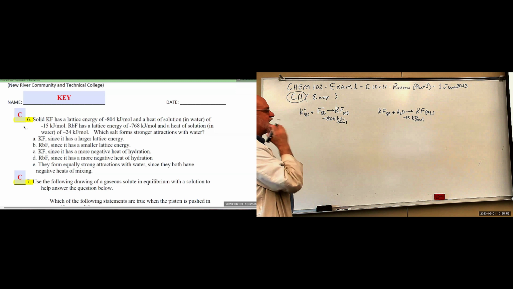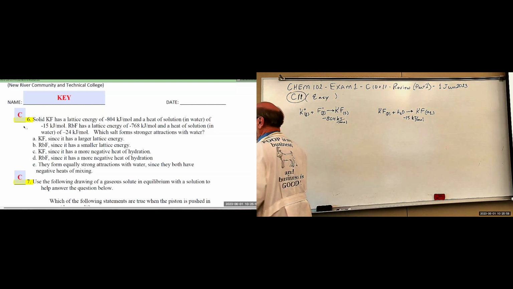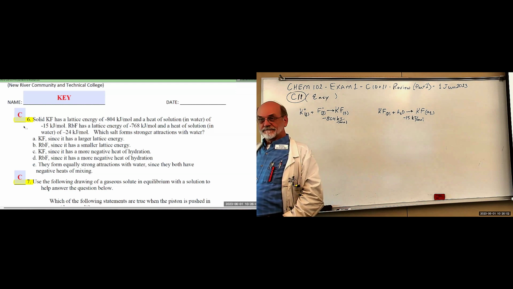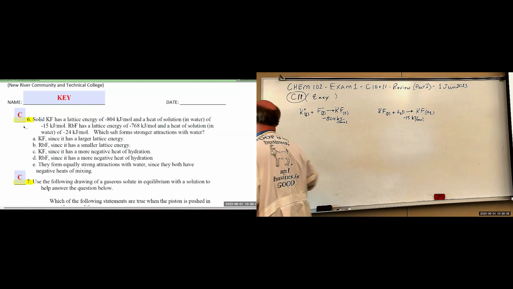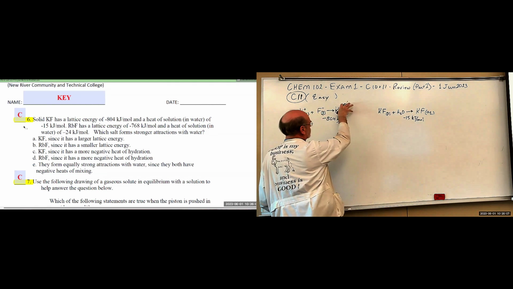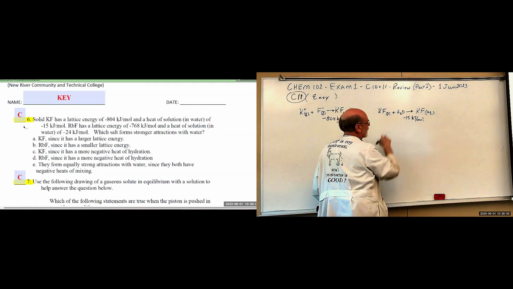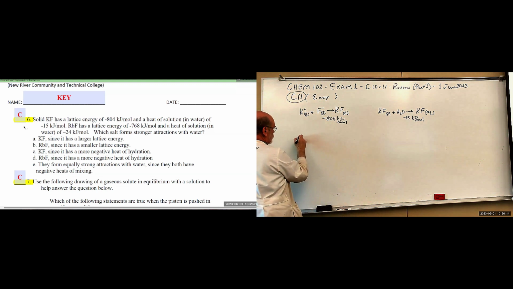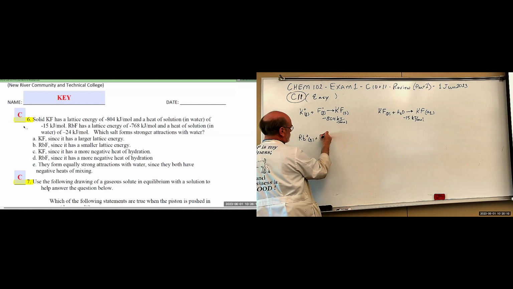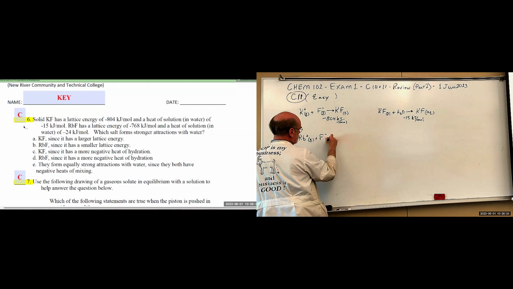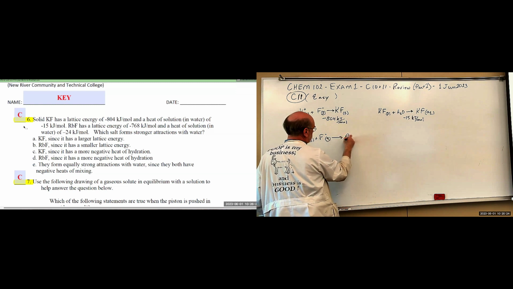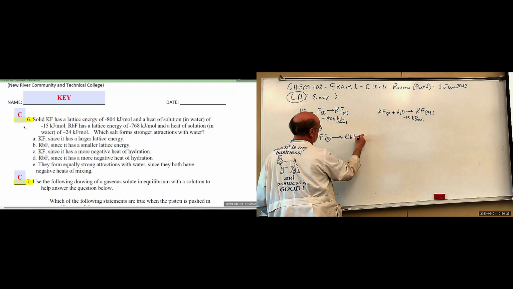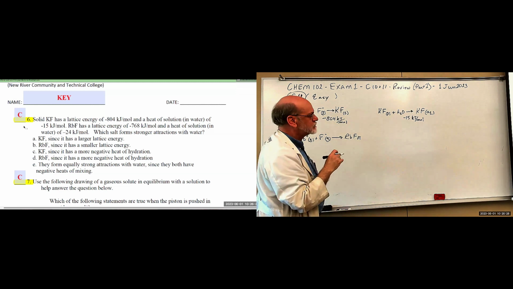Okay. Rubidium fluoride. Now, potassium and rubidium are in the same group. So we don't have to worry about the influence of fluorine or the fluoride ion. They're both bound to fluoride. So the rubidium lattice energy is what?